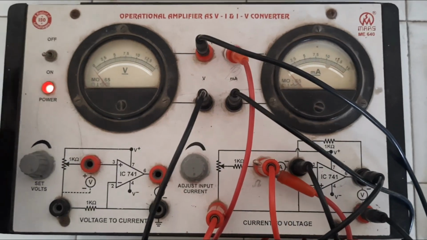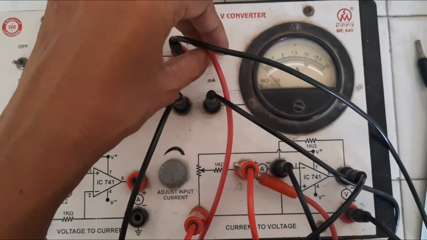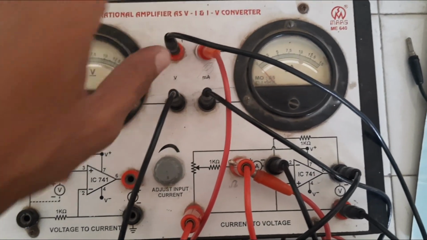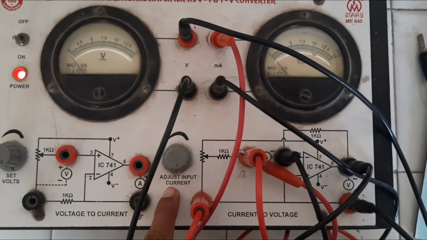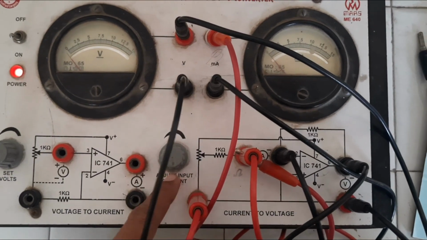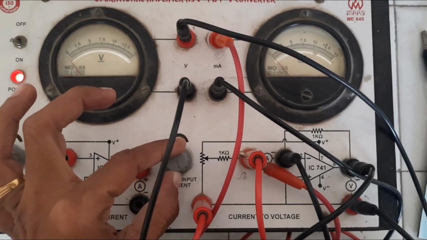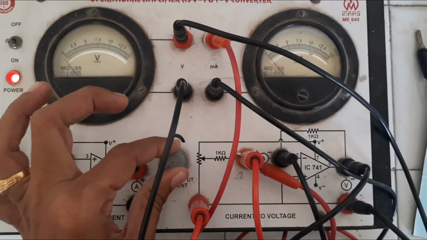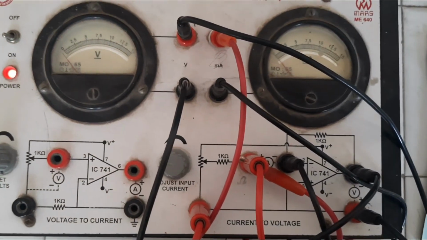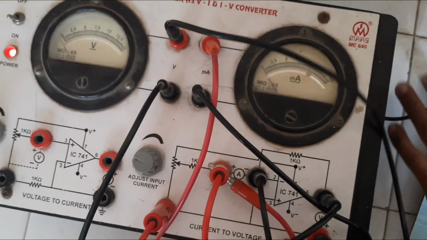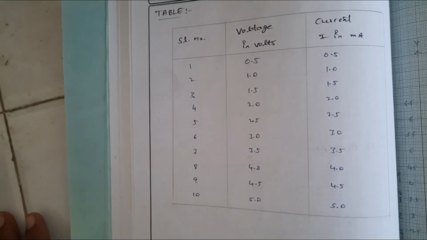Switch on the device. This is a little bit of a loose connection. Here you have to vary the current, not the voltage, because the input is current. You should vary the current and note down the corresponding voltage. Here is the tabular column.